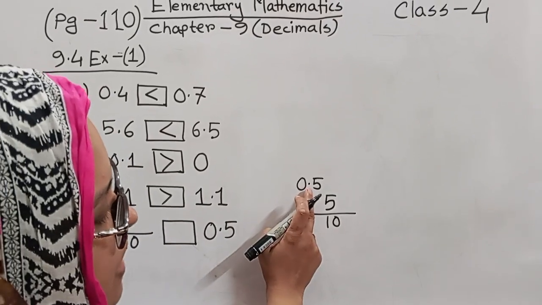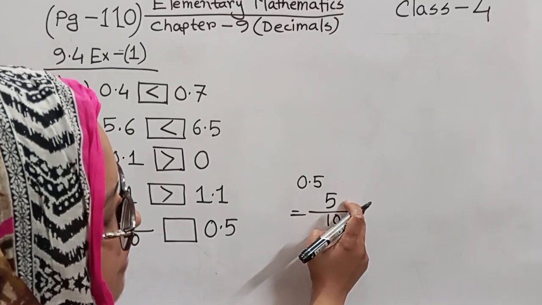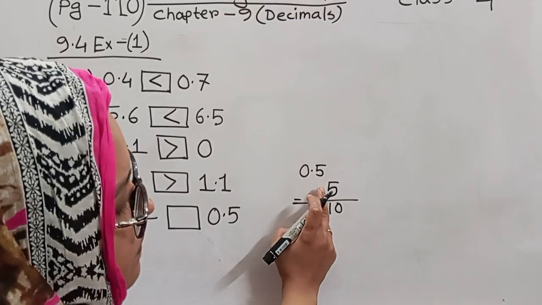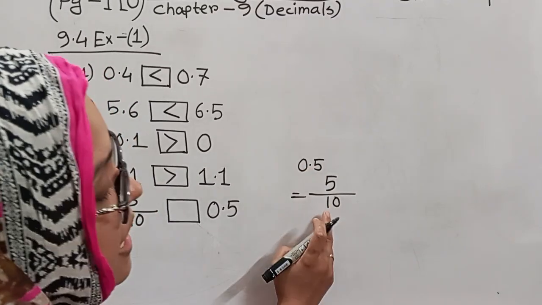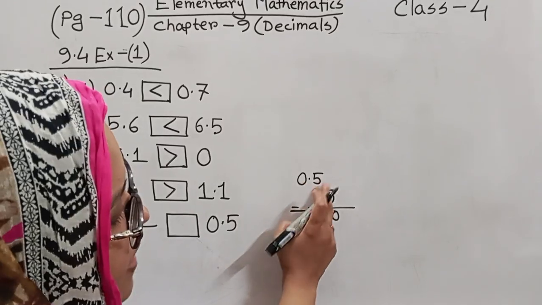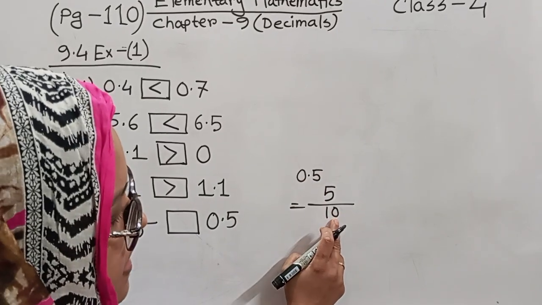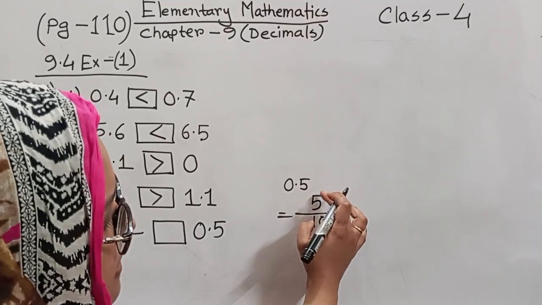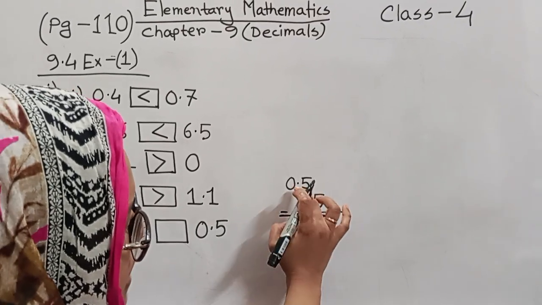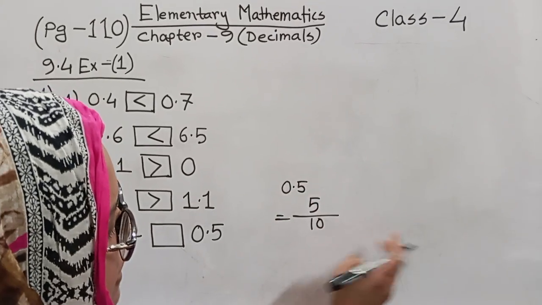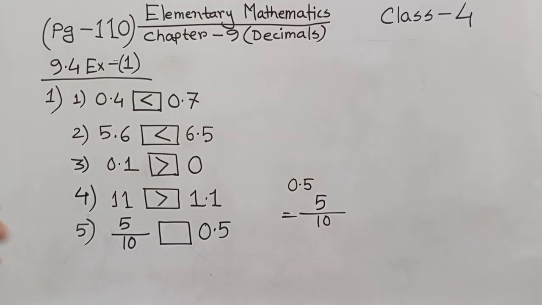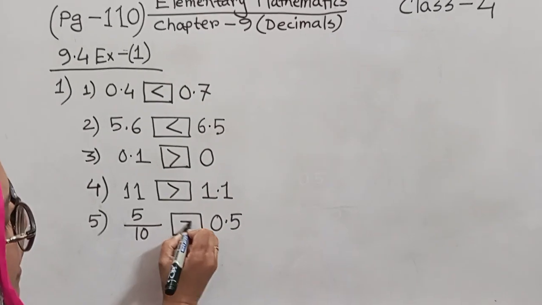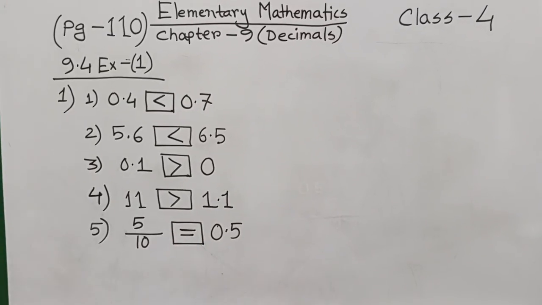Because the upper number will be 5, the same, and the denominator will be 1 followed by zeros equal to the number of digits after the decimal point. Only one digit here, that's why 10. If there is more than one digit, that means 2 or 3 digits after the decimal point, there will be that many zeros. So 5/10 and 0.5, it will be the equal sign because both are equal.